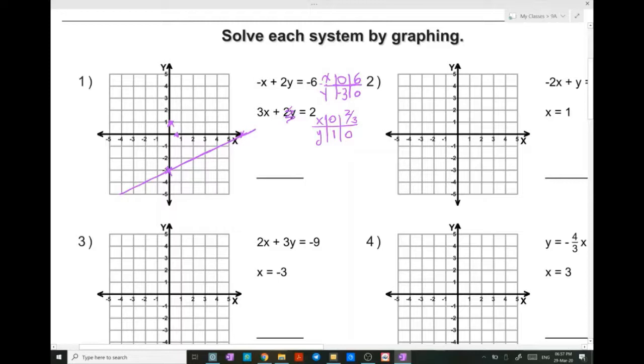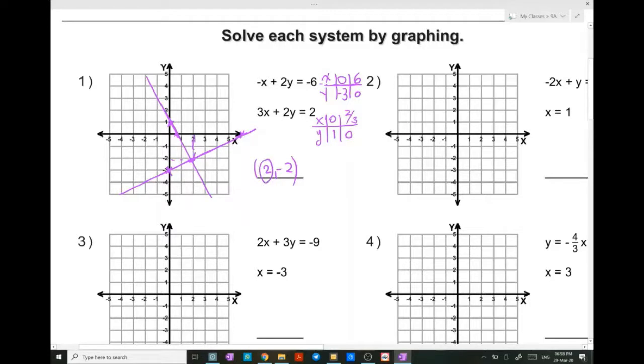You take your ruler and you join these 2 points to draw the line. And as you can see, these two lines meet at the point whose x is 2 and whose y is minus 2. So this is how we solve the system graphically.